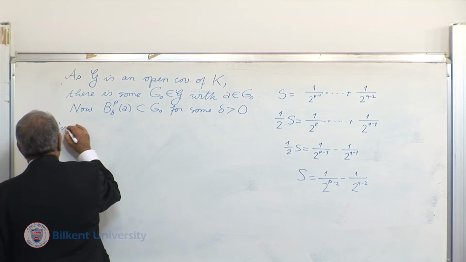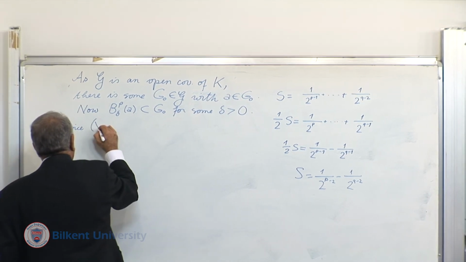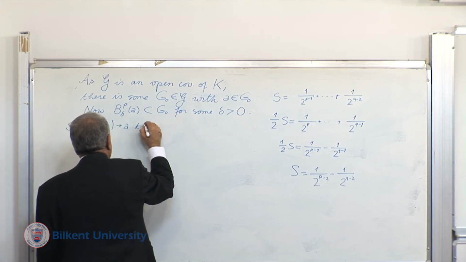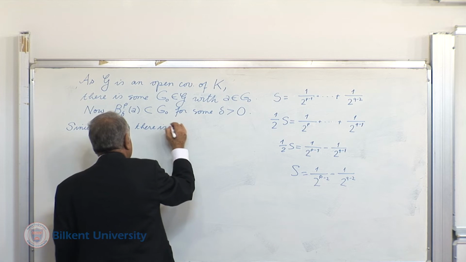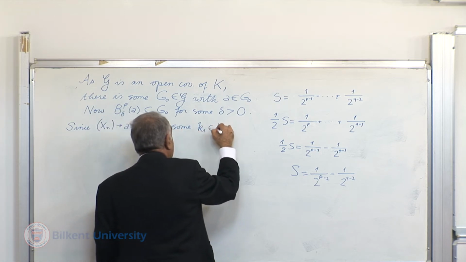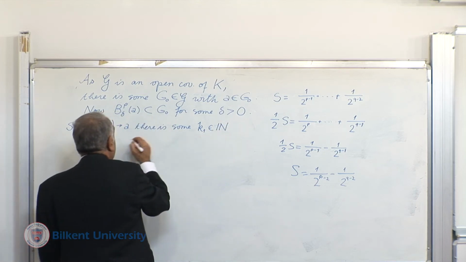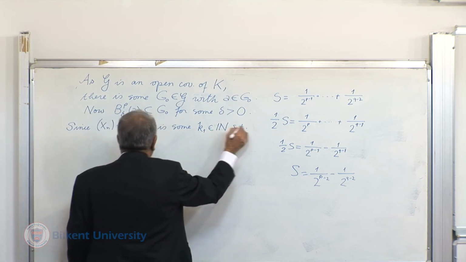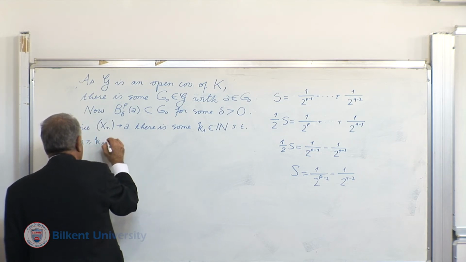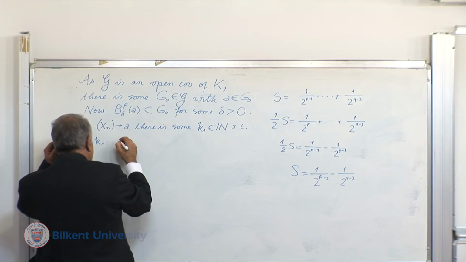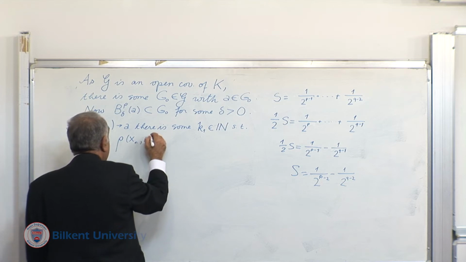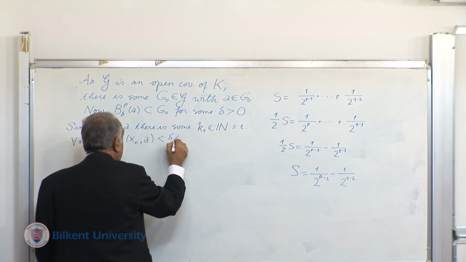Since xn converges to A, there is some k1 in N such that for all n larger than or equal to k1, we have rho(xn, A) less than delta over 2.